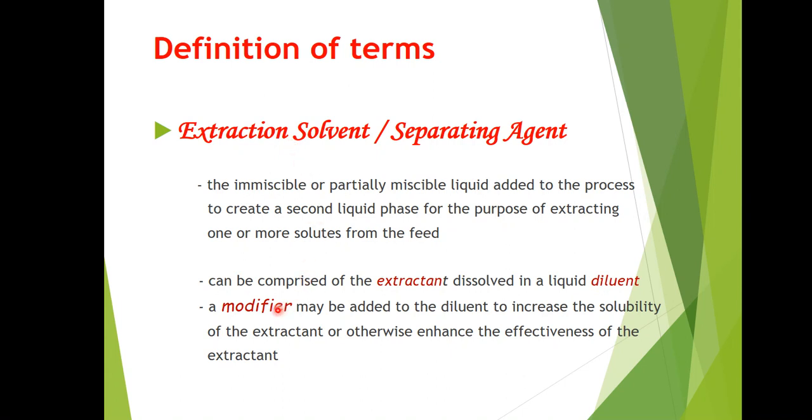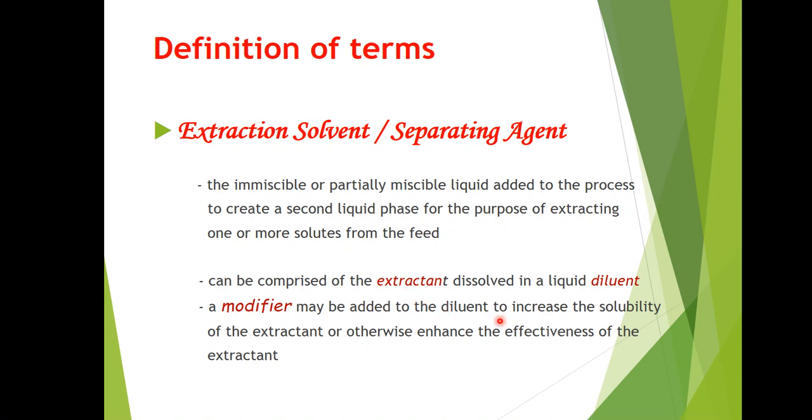But in some cases, class, there is a third component that is being added in the extraction solvent, which is the modifier. It may be added to increase the solubility of the extractant or otherwise enhance the effectiveness of the extractant. Meaning, the modifier will improve the percent recovery of your extractant, the manner in which it extracts the component from the feed that you are interested in.